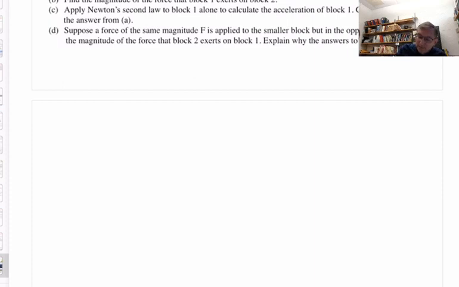First, in solving part A, we're going to do a systematic application of Newton's second law. Let's note that the blocks have the same acceleration because they just move together to the right.